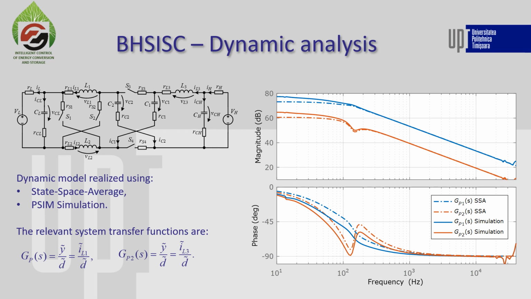And then we take a look at the frequency responses, and yes, indeed they are slightly different, but even so the state space average model can be successfully used for designing the controller.